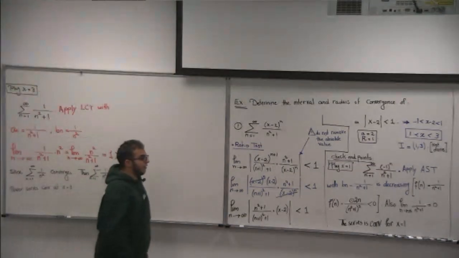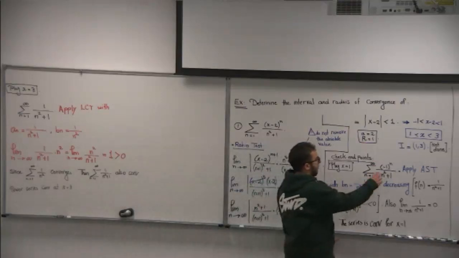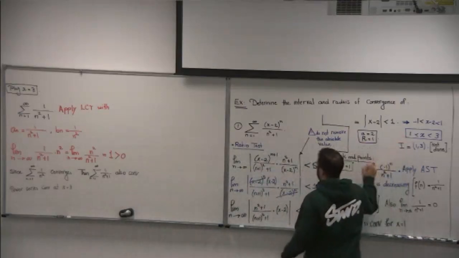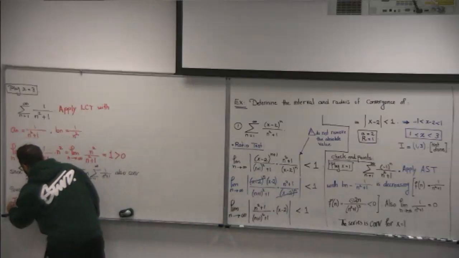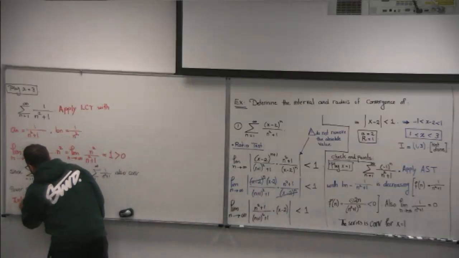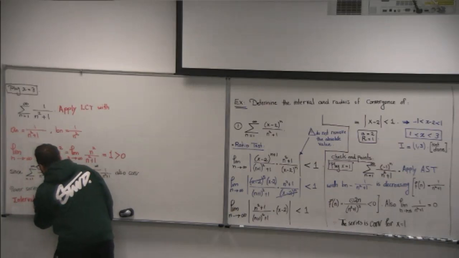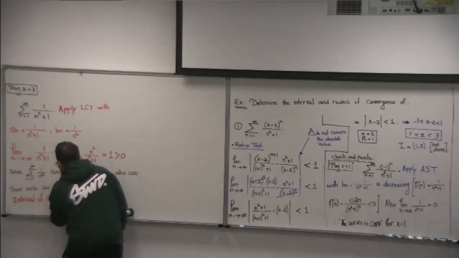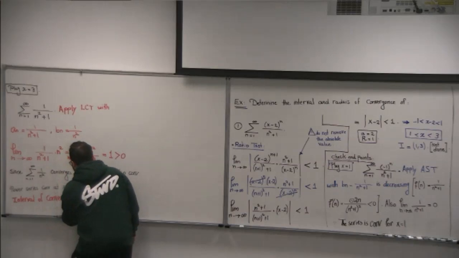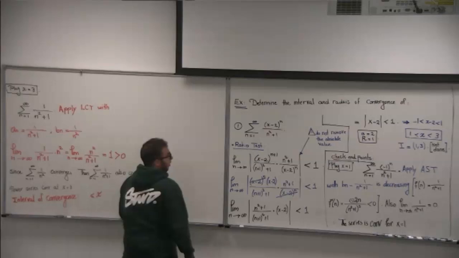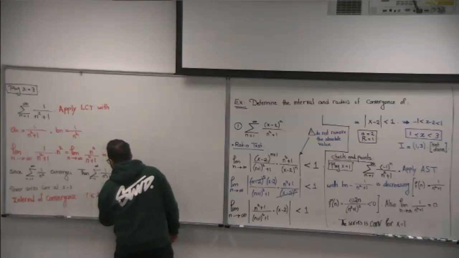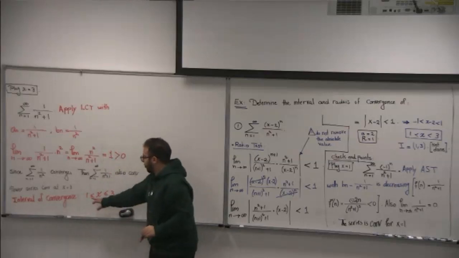So now I have to update my interval. It's the same. So now the interval of convergence: you could write x such that the series is convergent at 3 and convergent at 1.